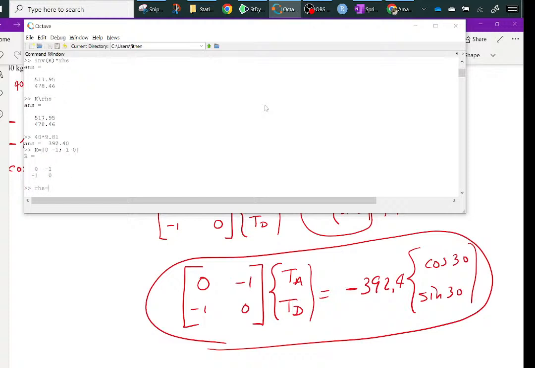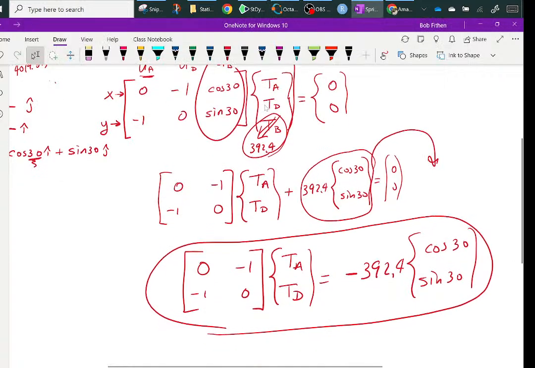My right-hand side is a bit more complicated: 392.4, if I didn't goof up, times cosine, with a D for degrees, 30, then a semicolon to move to the next row, sine degree of 30, close the brackets. Now I can do the inverse of K times the right-hand side, and I get an answer of 196.